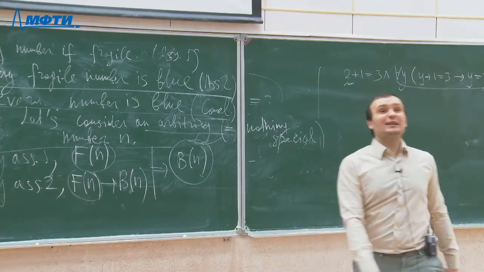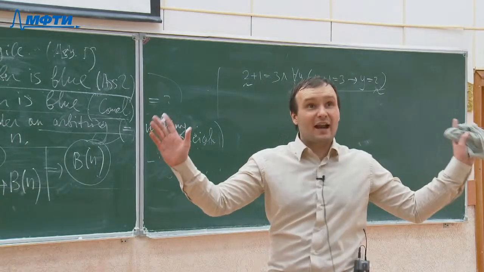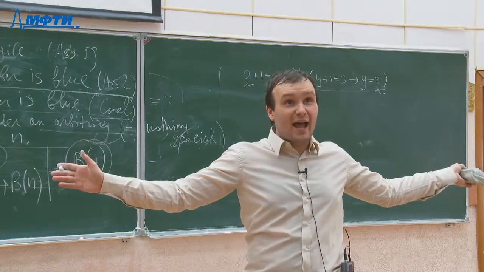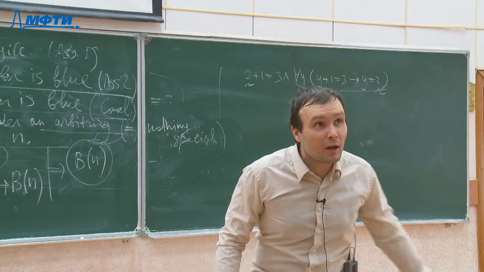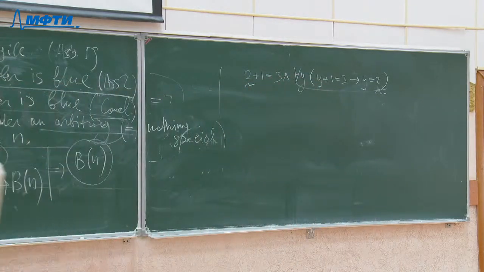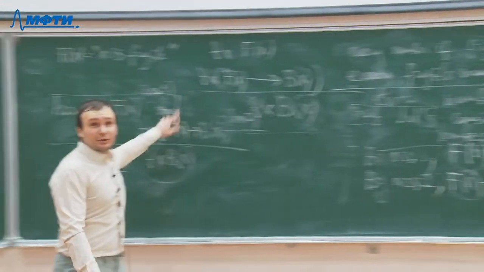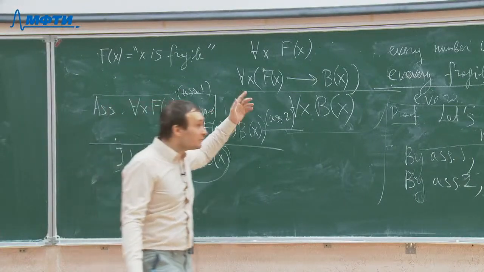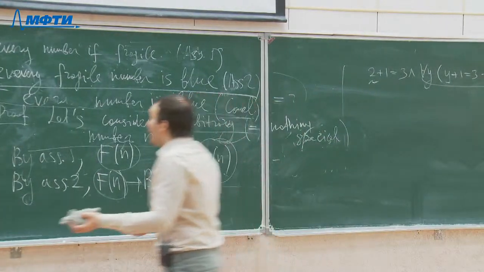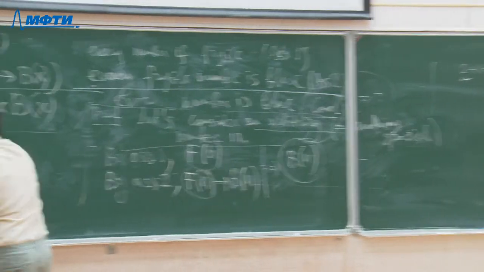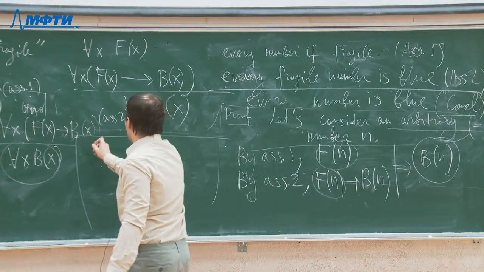So I have just proved for some arbitrary, that is nothing special, number n, that it is blue. Of course, using some assumptions, these two. An arbitrary n is blue. And now we may generalize. So we may say something like that.